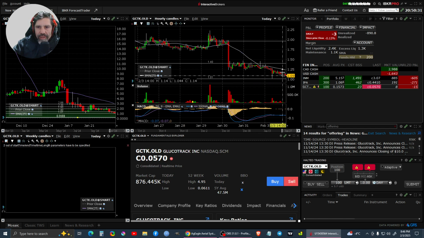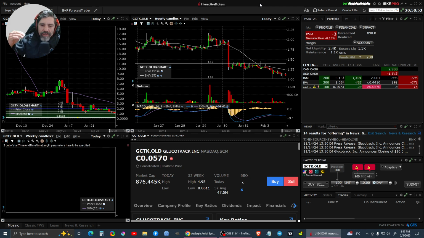If it follows that same pattern, it should go down a little bit and then start to rise. Now, the other reason why I believe that this one may rise, they may pump it, is because they have an offering. They have warrants with offering prices at 1.30 and 1.80.